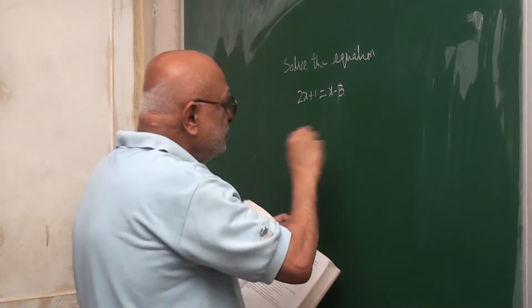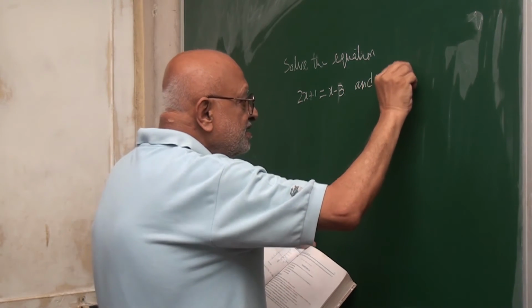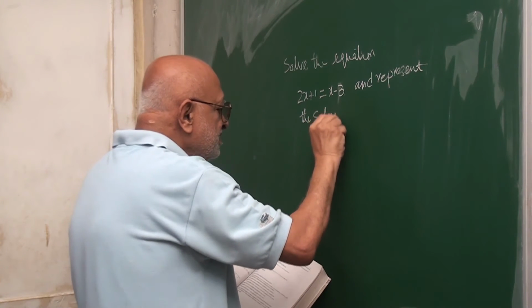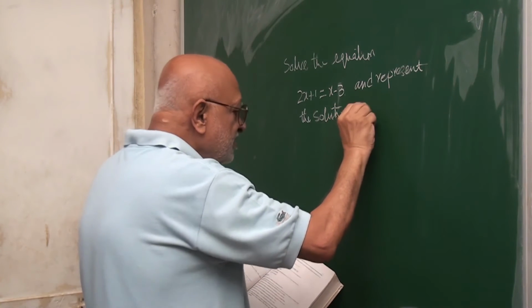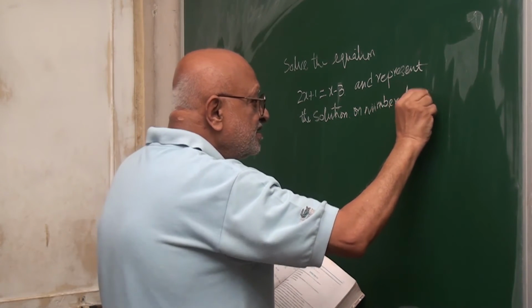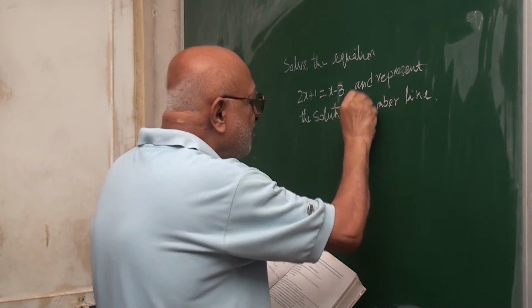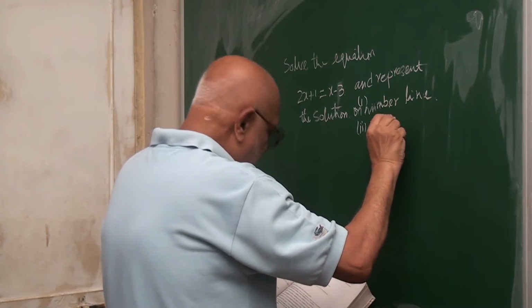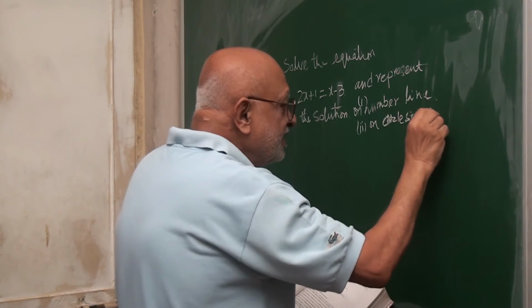And represent the solutions on number line, and this is 1 on number line and 2 on Cartesian plane. What is this Cartesian plane?